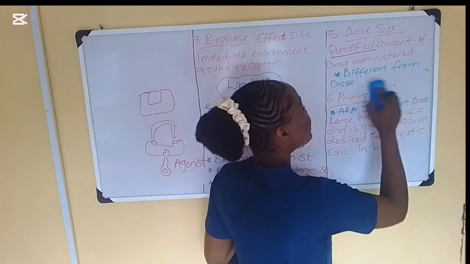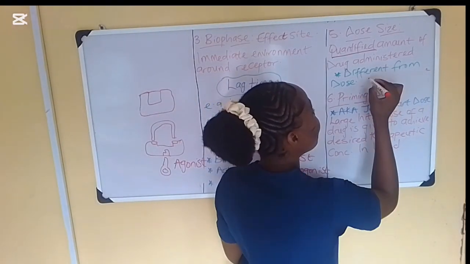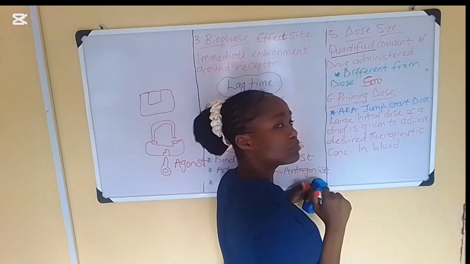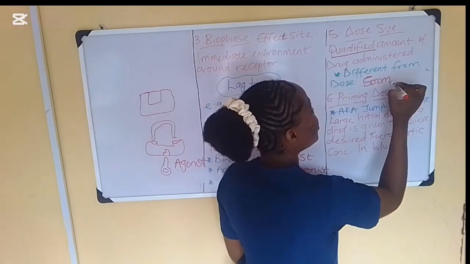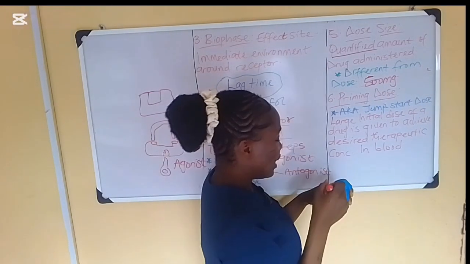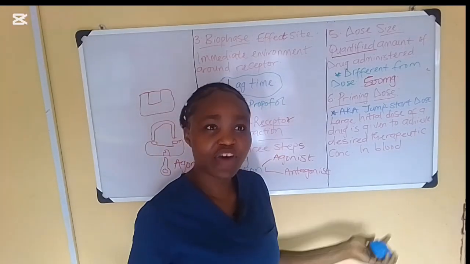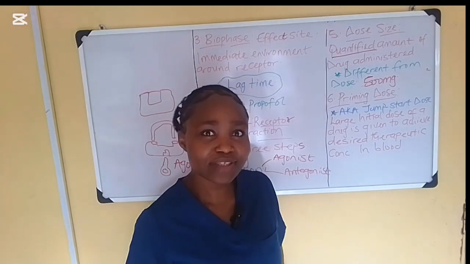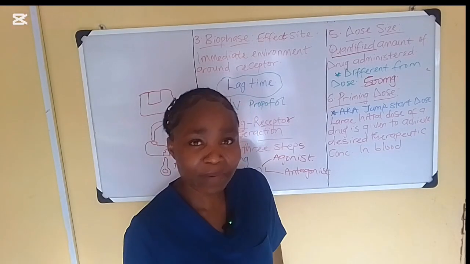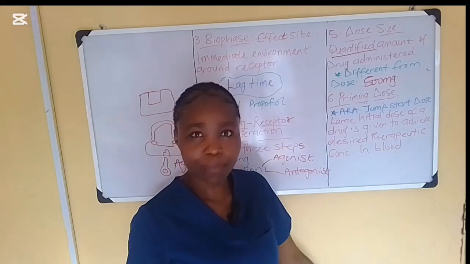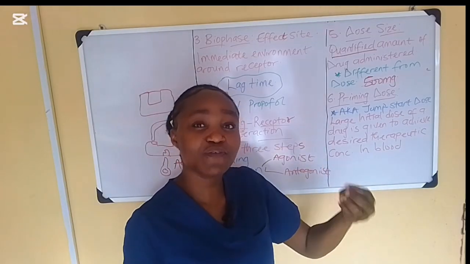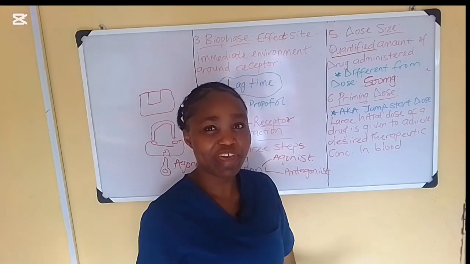So if I write the 500 without the mg, it is a dose. But from the moment I add the mg, it becomes a dose size, because it's 500 milligrams compared to what? Compared to gram, compared to microgram, compared to anything. Now we have some form of comparison that we can compare this drug with.